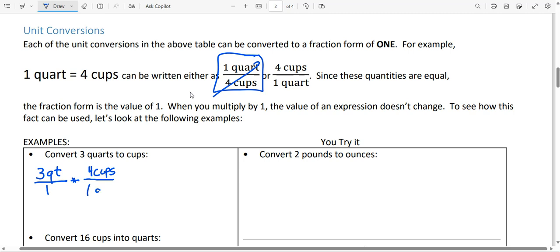So if we have it this way, now we can see that the quarts unit reduces. And what we have is the 3 times 4, which is 12, over 1, we don't need the over 1, cups. And this is the basics of unit conversion.